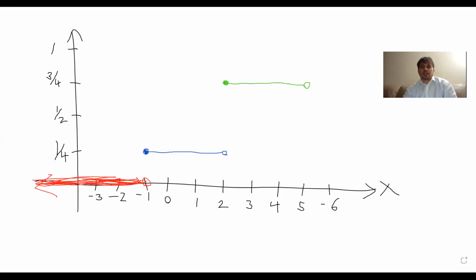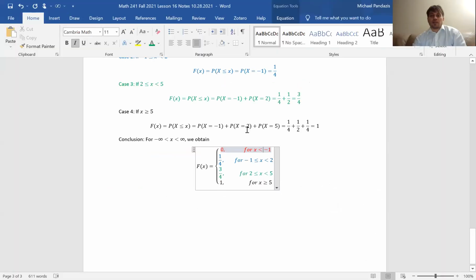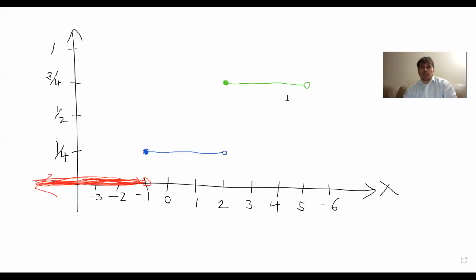And then for x greater than or equal to 5, including 5, the value is 1. That's in black, and the height is going to be 1, and it includes x equals 5. It's all x greater than or equal to 5, and the arrow keeps going in that direction.